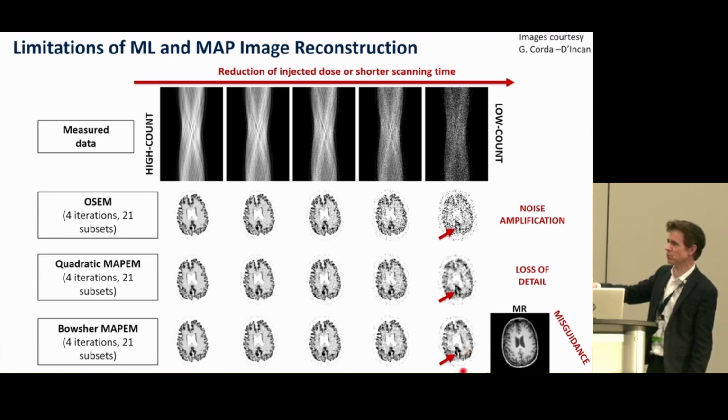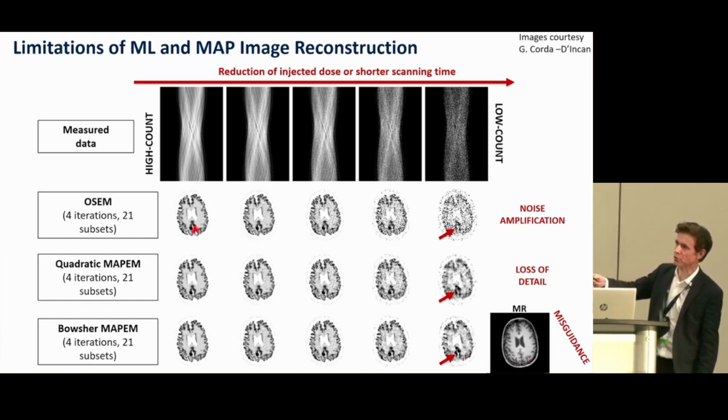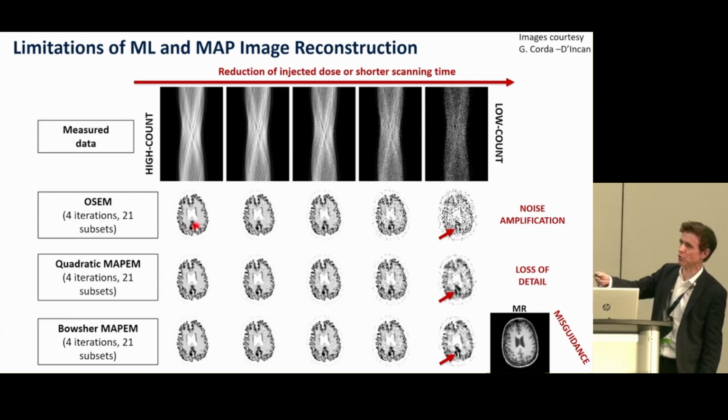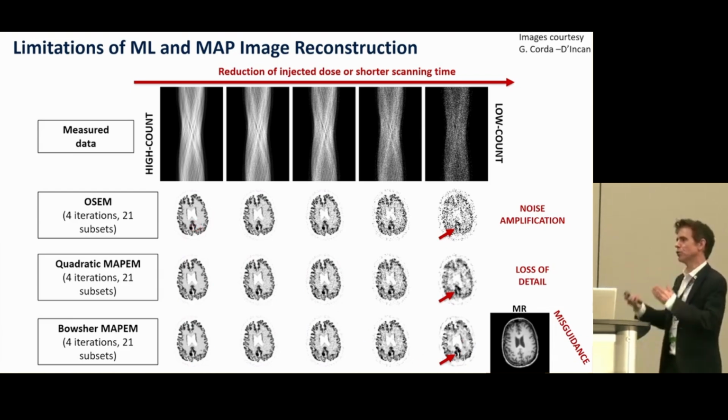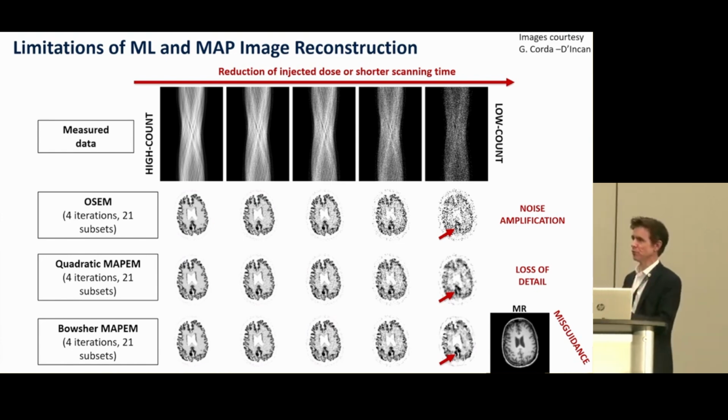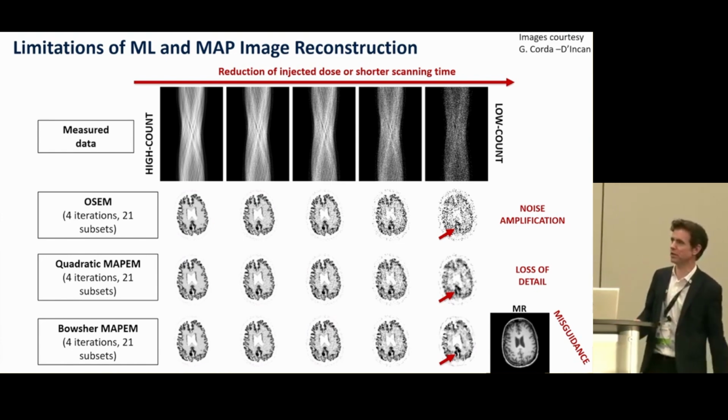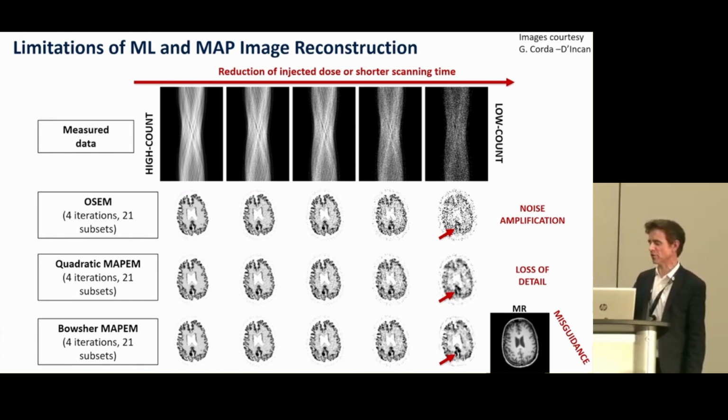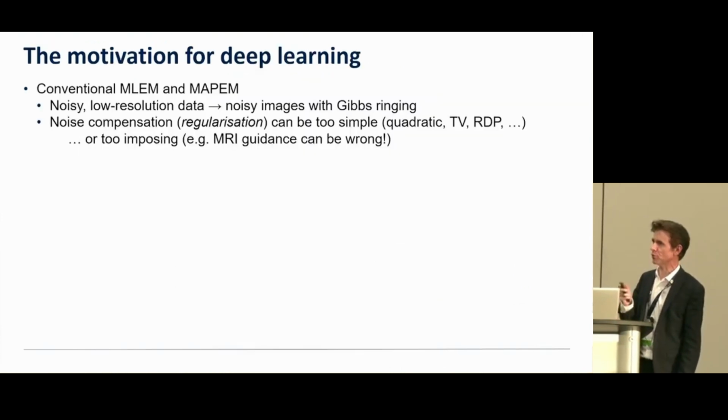So in other words, the smoothing here takes place across directions that the MR says are okay to smooth across, but they may not at all correspond with the structures in the original PET distribution. So we get this misguidance problem. So one could say that's where we got up to before deep learning. Obviously, there are many other variations on this, but this, I hope, is a reasonable summary.